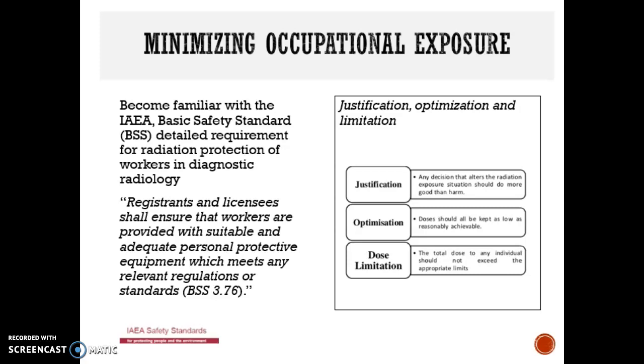Ultimately, exposures that have not been justified lead to unnecessary radiation to yourself. No matter the type of system used, optimization of image quality at an acceptable dose to the patient should be a priority, as this in turn will also reduce your dose.